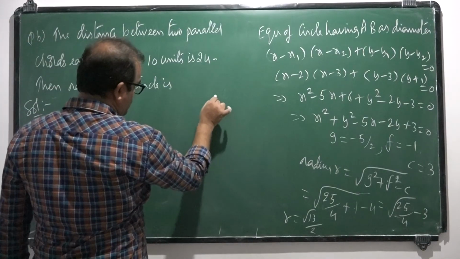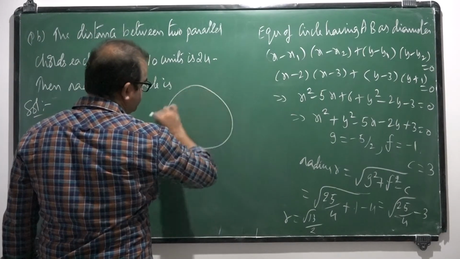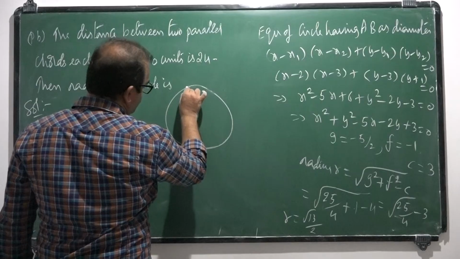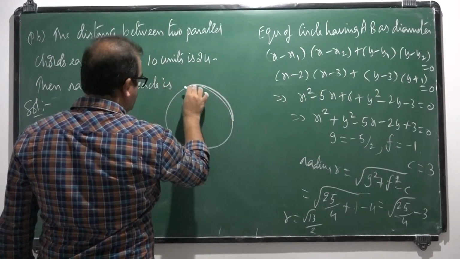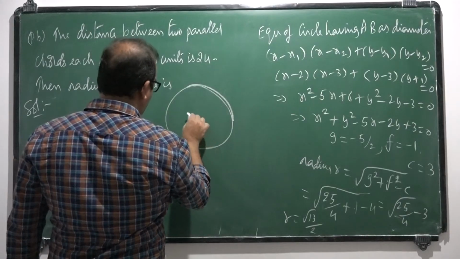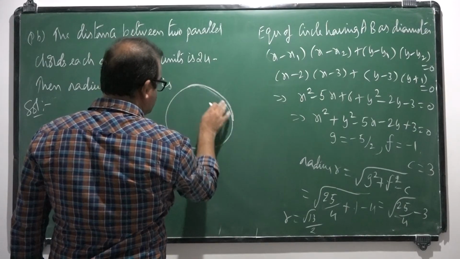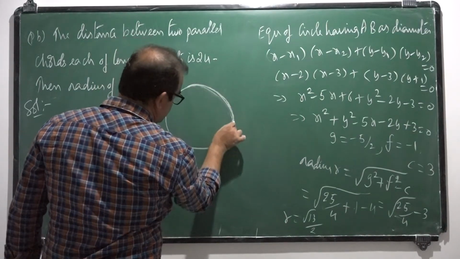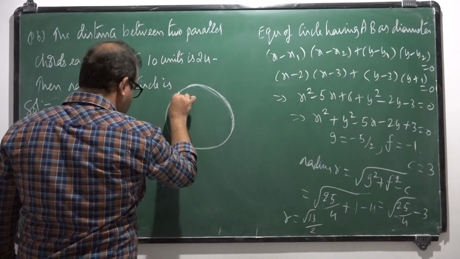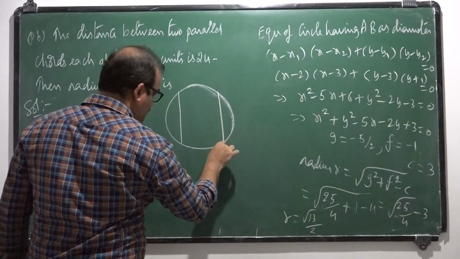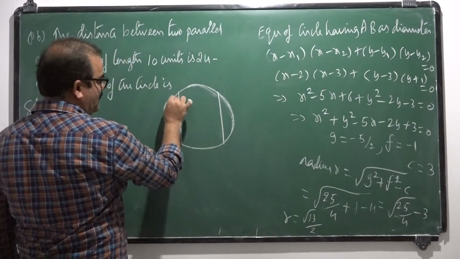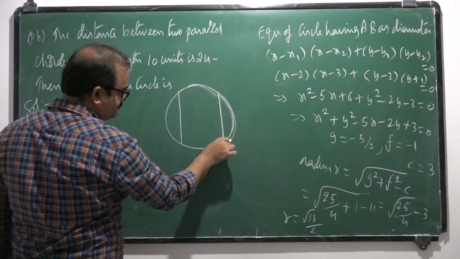Okay, first draw the diagram. Take the parallel chords. This is one chord and this is another chord. These two are parallel chords to this circle.